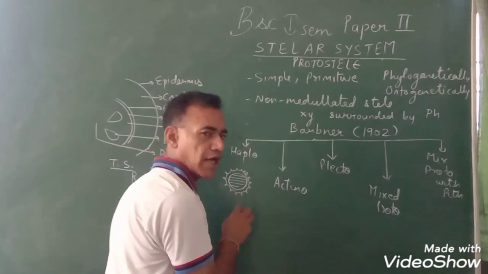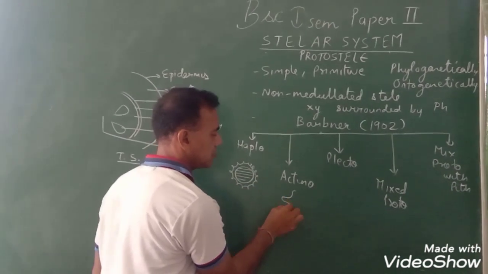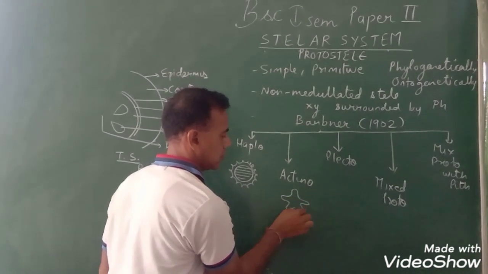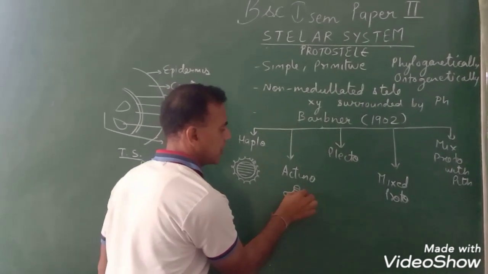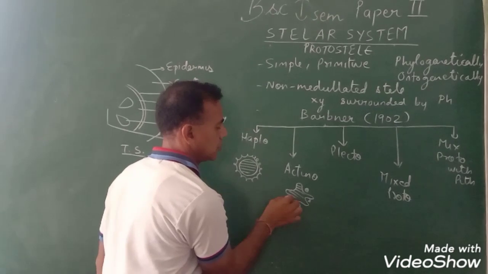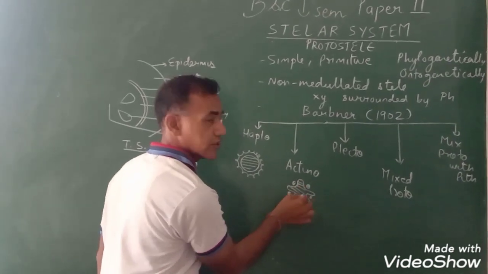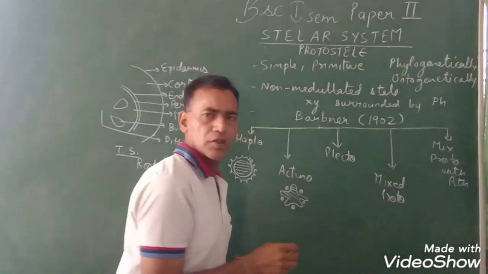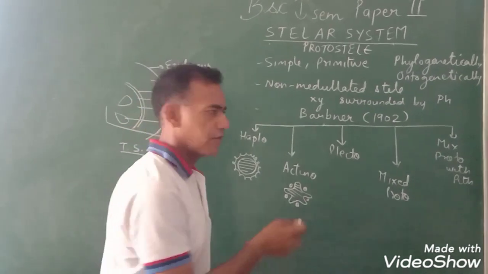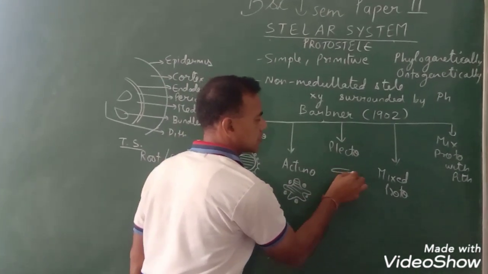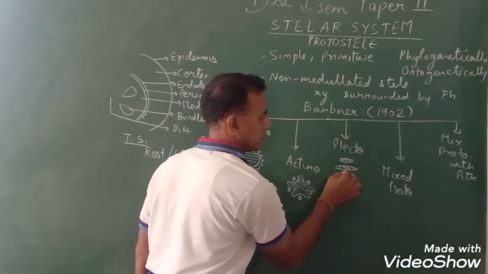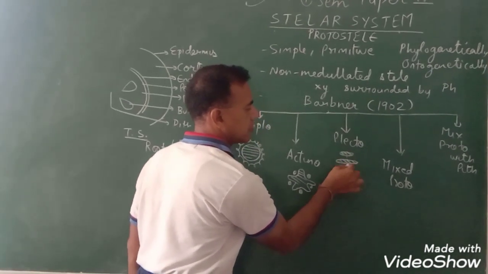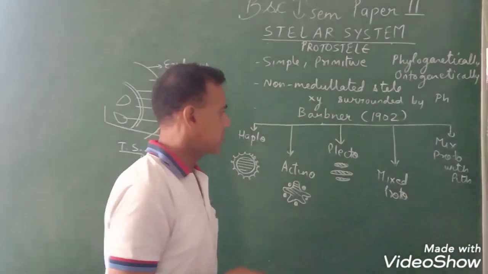In actinostele, the xylem becomes star-shaped and the phloem is present in between the xylem ridges. Plecto literally means plate-like, and in this the xylem becomes plate-like, like this, and phloem is present in between these plates.